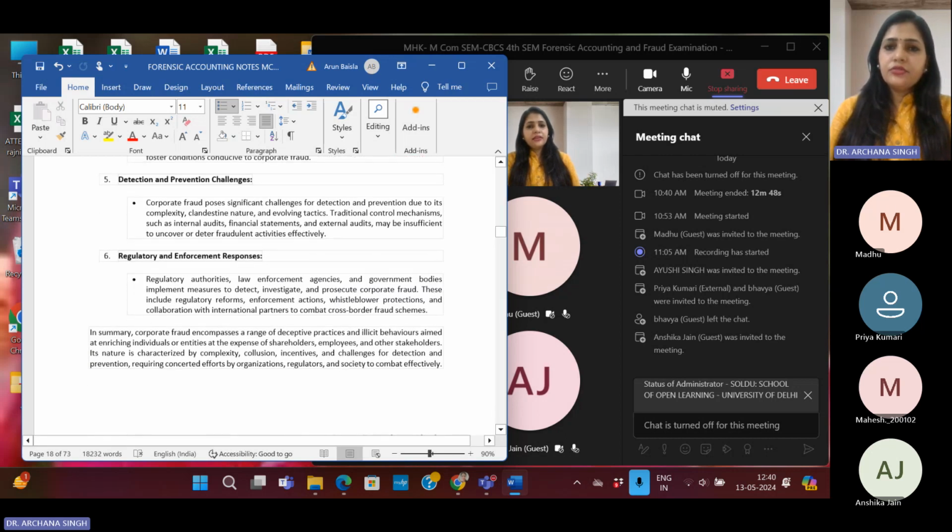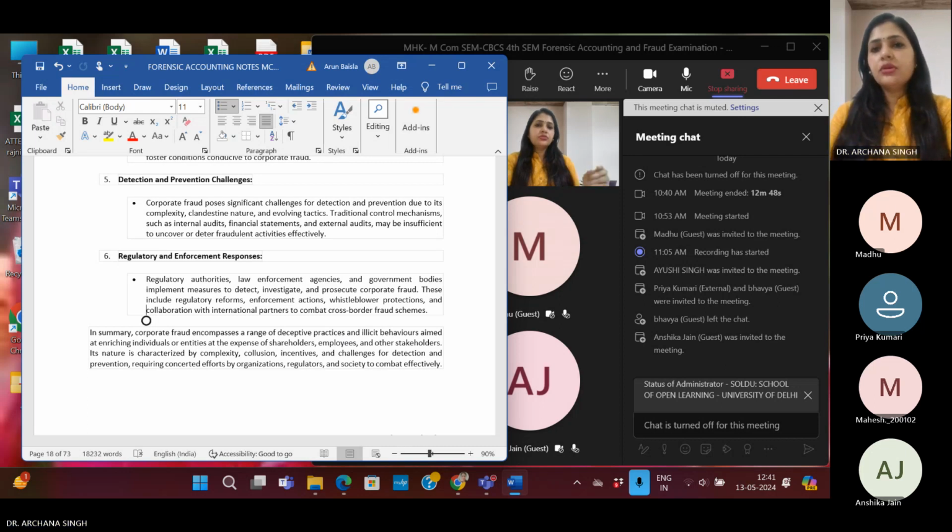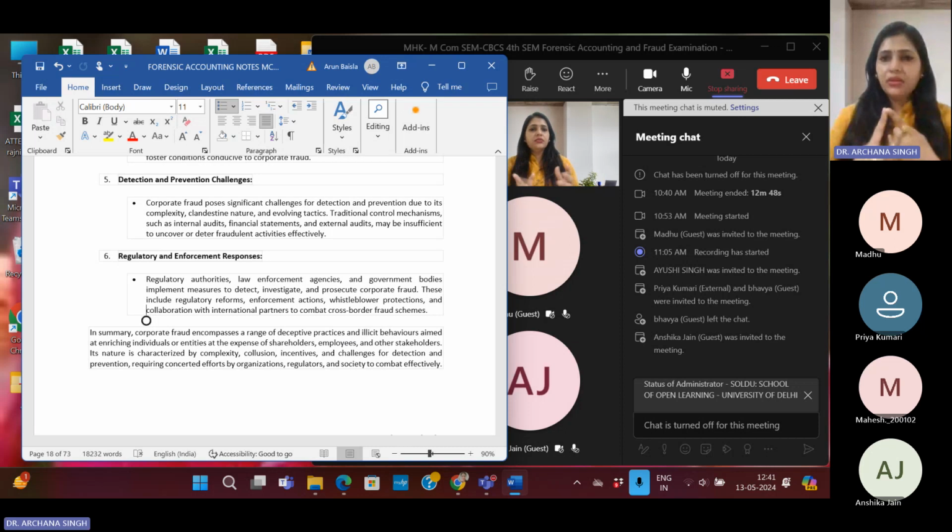Then regulatory and enforcement responses. Regulatory authorities, law enforcement agencies, or government bodies should implement measures to detect, identify, investigate, and prosecute corporate fraud. These include regulatory reforms, enforcement actions, whistleblower protections, and collaboration with international partners to combat and control cross-border fraud schemes.